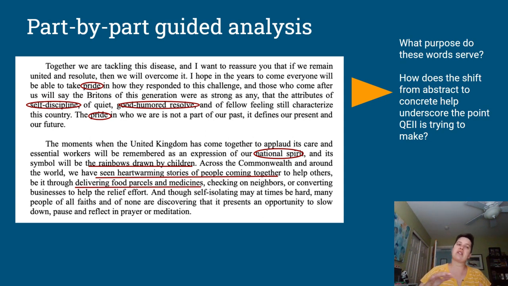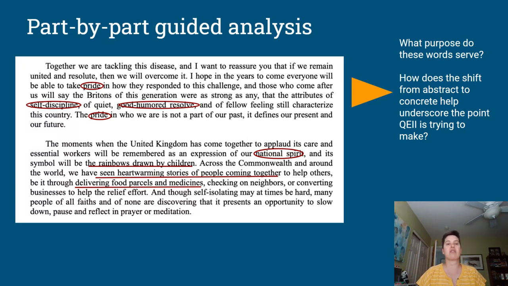So there is a reason why she moves from abstract into concrete. She gives examples of how her subjects can respond positively to the challenges that the quarantine and the coronavirus have had on their country. She tells them to have pride. She tells them to use self-discipline, to have good-humored resolve, and that this will lead to national spirit. So she paints that picture, but when it comes down to it, how do we accomplish that?